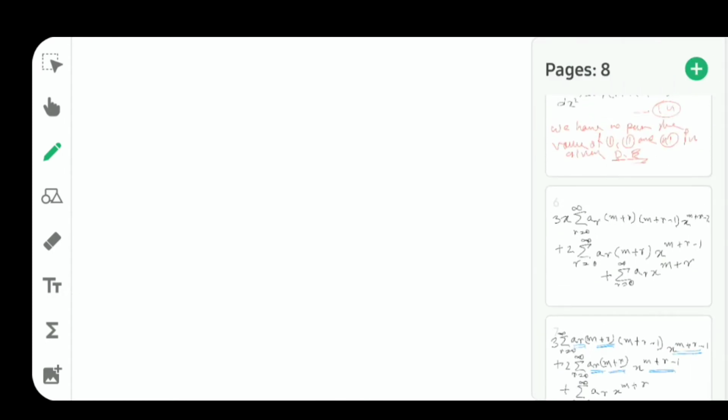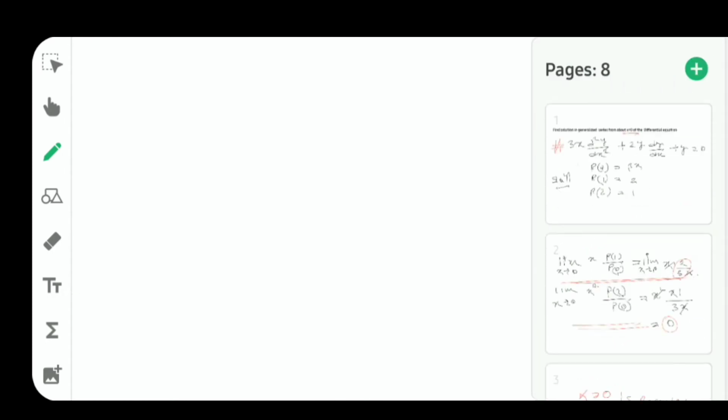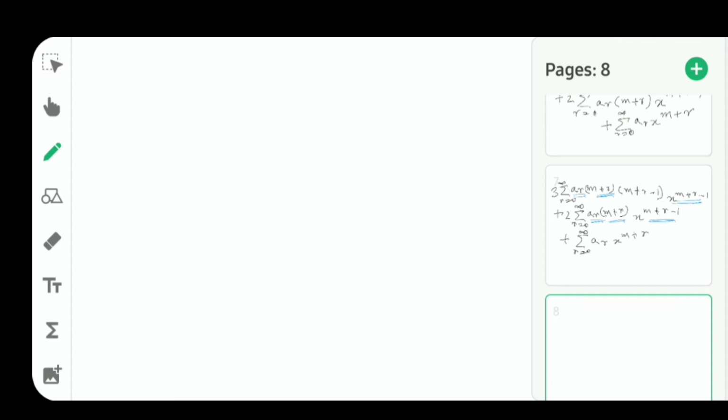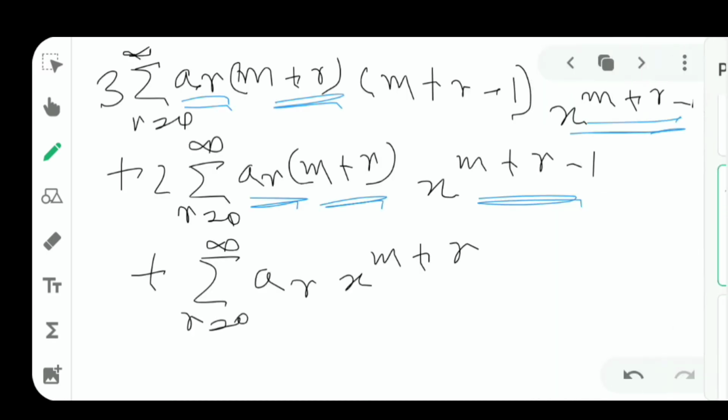It is a very lengthy question, but it is very important in the context of all university exams. I know it is a very lengthy process, and it genuinely takes time.